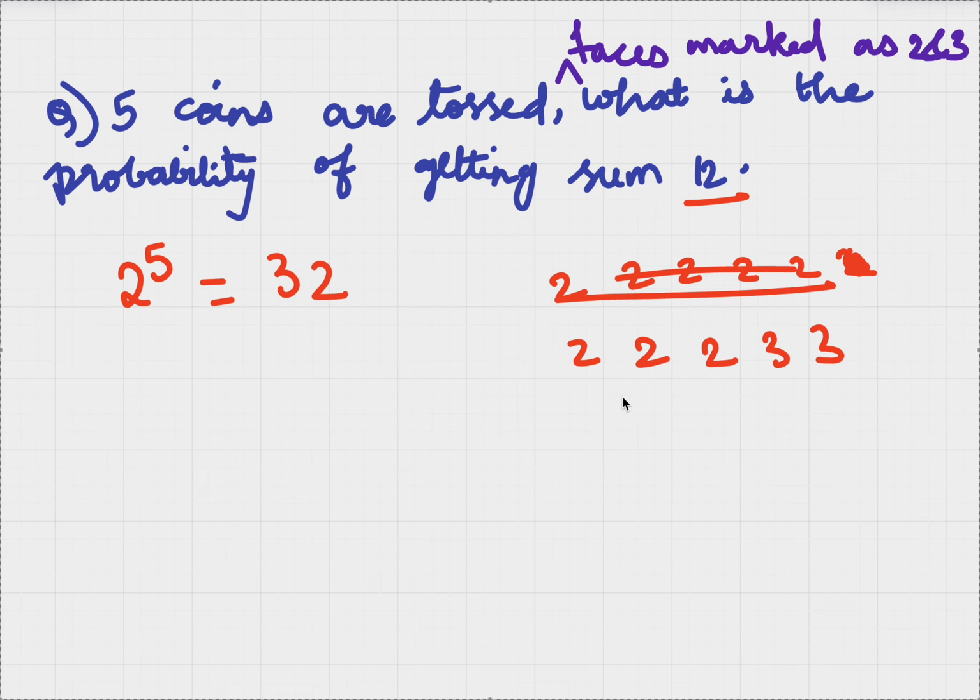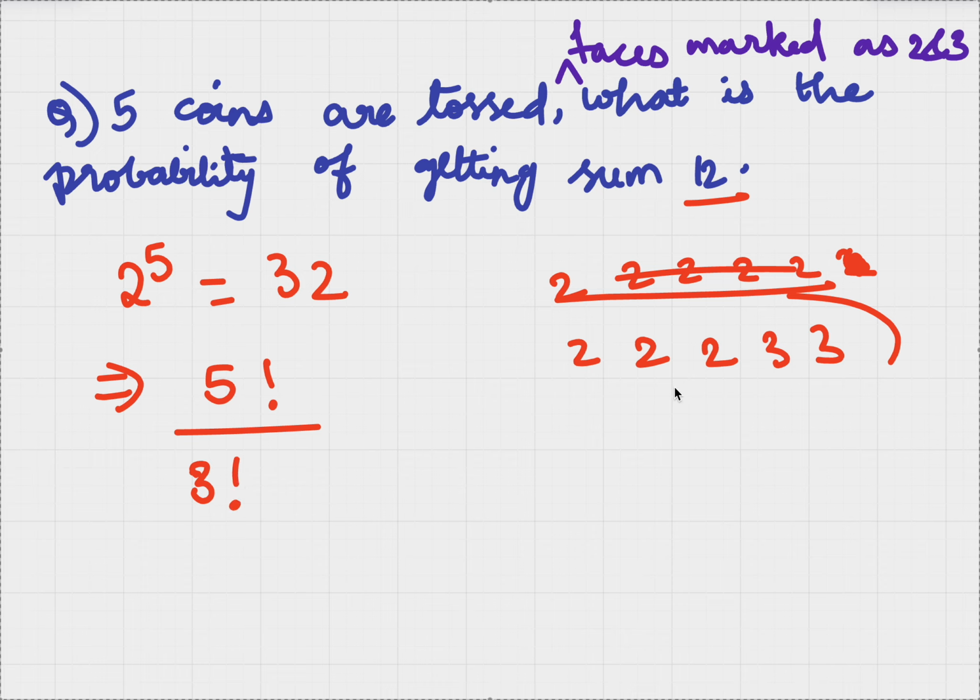And the other favorable cases are found by just changing the positions, like 2, 3, 3 and so on. So we will directly use the rearranging way, the permutations. There are 5 items, so 5 factorial, divided by, since 2 is repeated 3 times, 3 factorial.